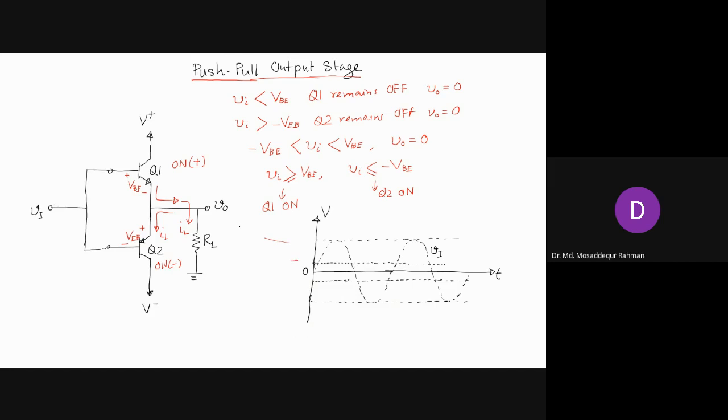This is our positive VBE, the forward bias voltage for NPN, and this is the voltage required for PNP, minus VBE.